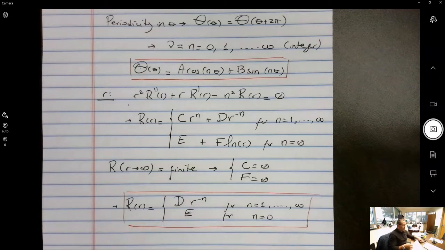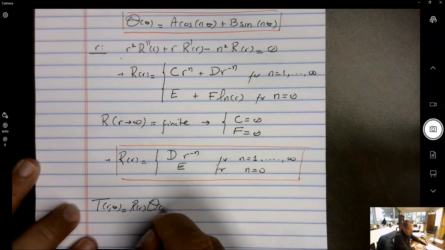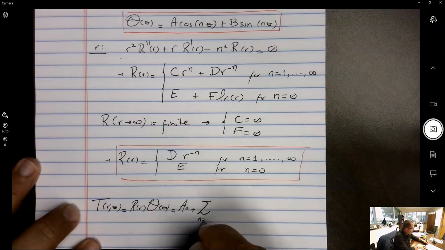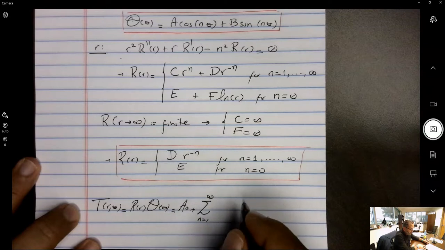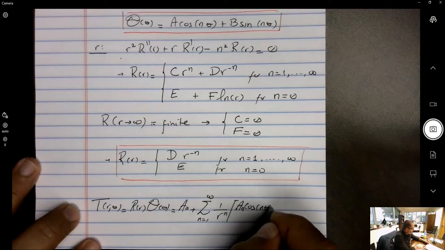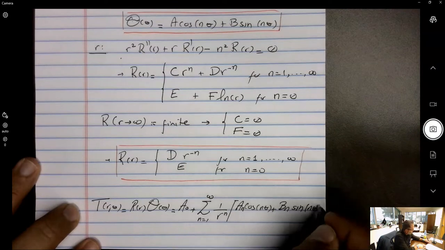And now we can assemble the problem. So T of r and theta, which remember is R of r times Theta of theta, is equal to a0 plus the summation from n equal 1 to infinity of 1 over r to the n, a_n cosine of n theta plus b_n sine of n theta.